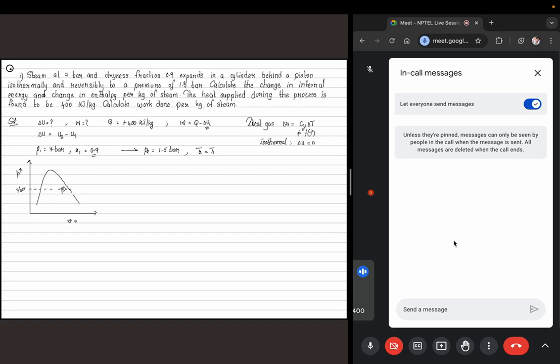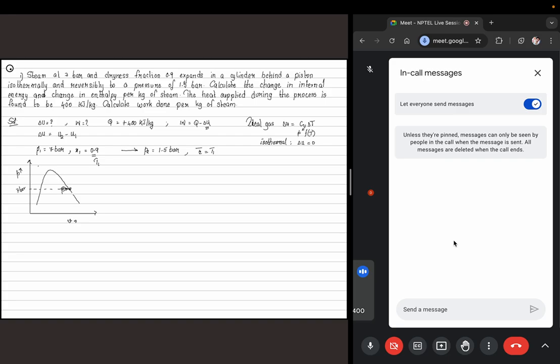Now you are expanding isothermally, so your isothermal curve will be something like this. When you expand isothermally, you move up until the vapor dome, and once you reach the vapor dome, we will see what happens in the superheated region. First, we'll evaluate the properties at this particular point.